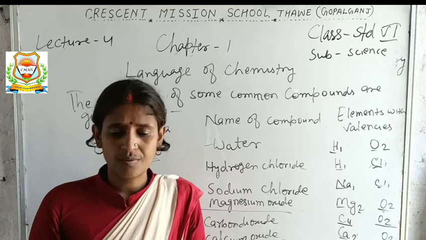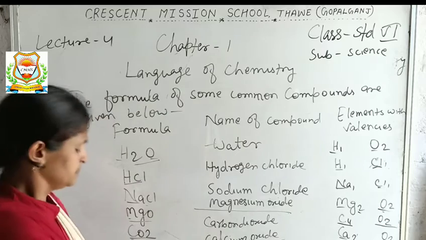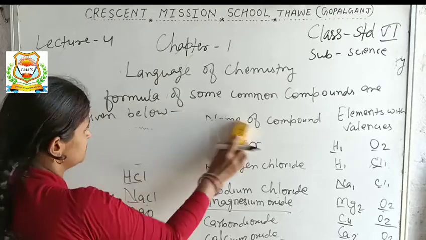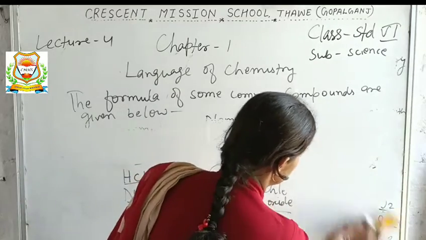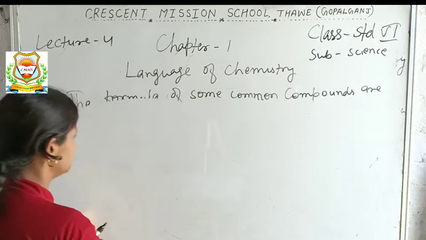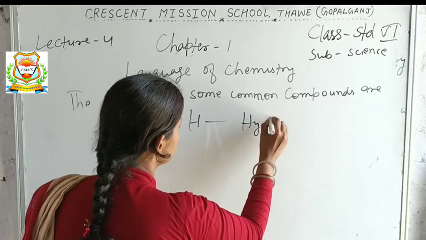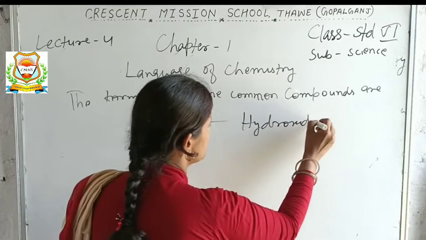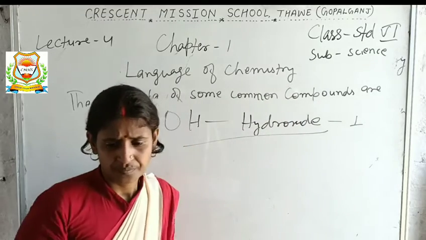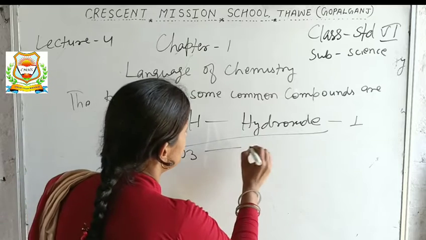Common examples of monovalent radicals are hydroxide, which means OH. OH is called hydroxide and its valency is 1. Nitrate, NO3.